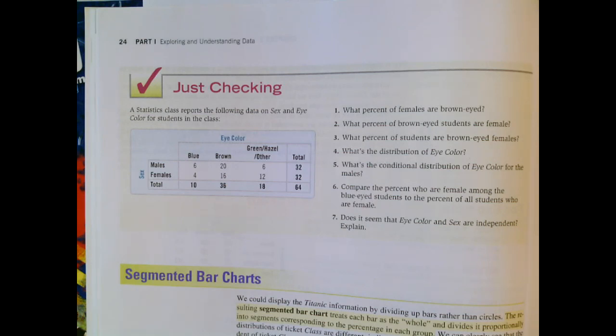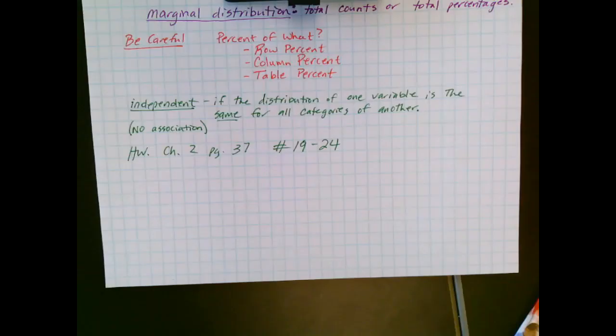No, they're different. They're kind of noticeably different, especially in the green, hazel, other. So according to this, it appears that there is some association or dependence between your eye color and your sex. There might be a relationship there, which is interesting.